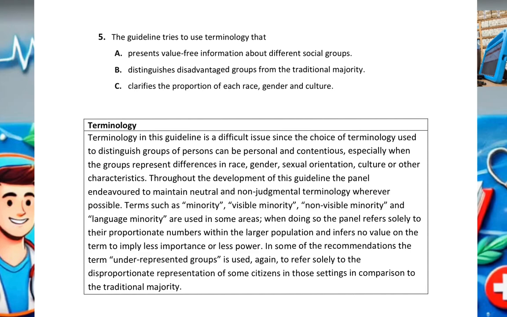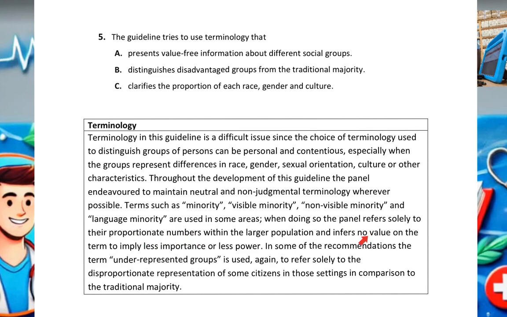Okay, so when you look at the extract carefully, you can see right from here, throughout the development of this guideline, the panel endeavored to maintain neutral and non-judgmental terminology wherever possible. So they use terms such as minority, visible minority, and non-visible minority, and they do so to refer solely to their proportionate numbers. So that means they are talking about their percentage, or part of the group.